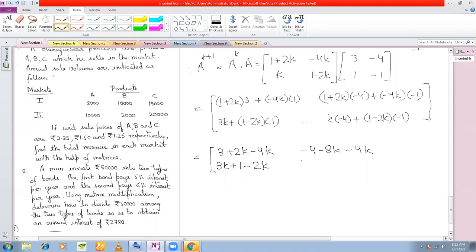And here you get minus 4k minus 1 plus 2k, which is equal to, now you simplify this, you will get 3 plus 6k minus 4k, because if you multiply this, you get 3 plus 6k, and here this is minus 4k.